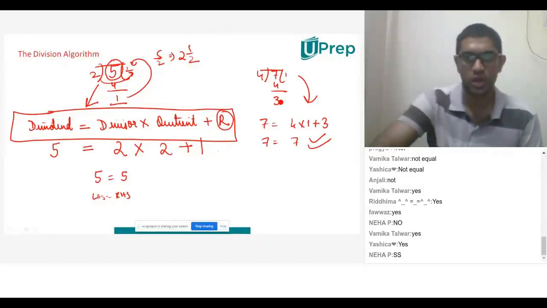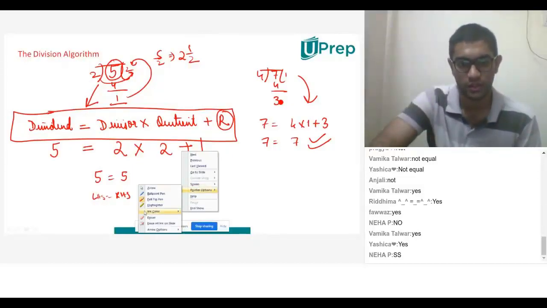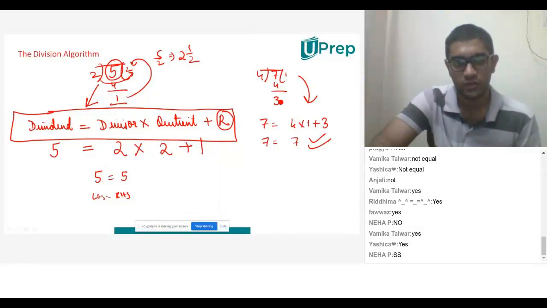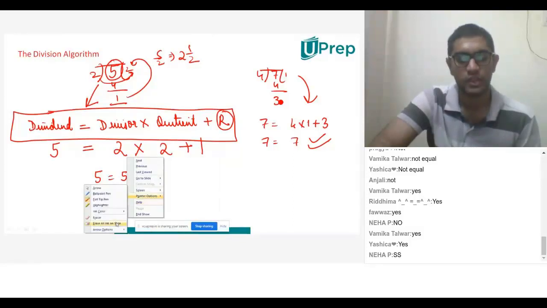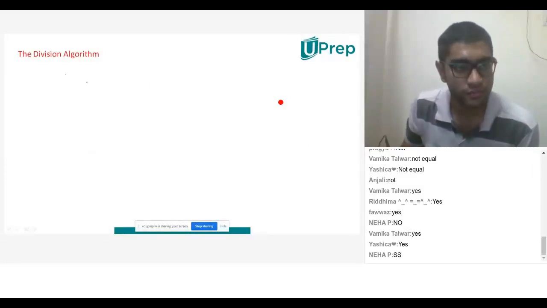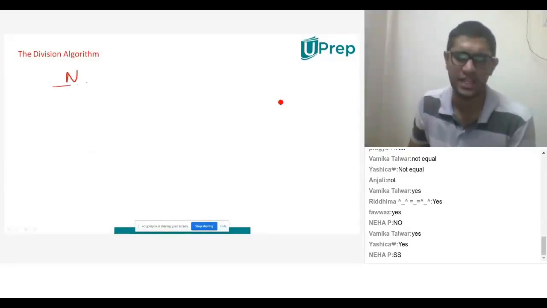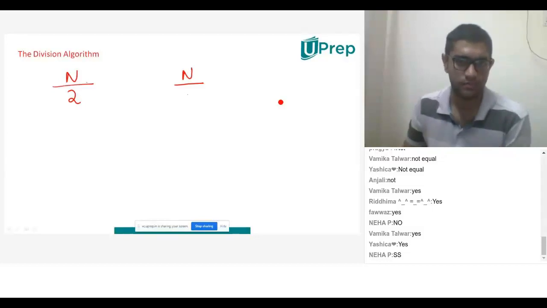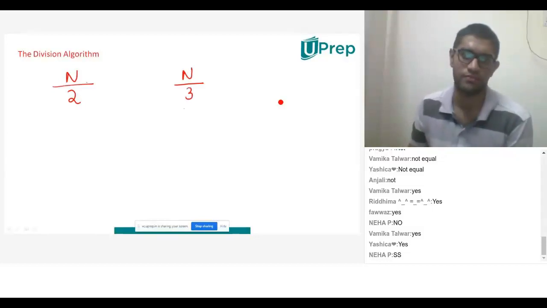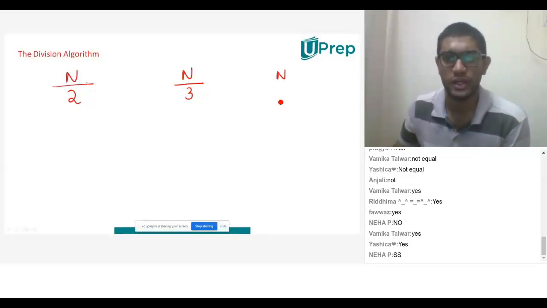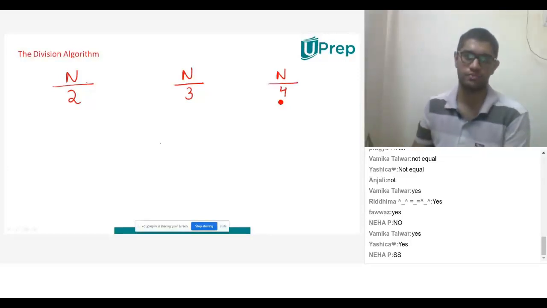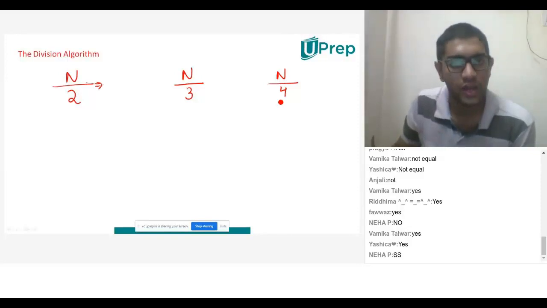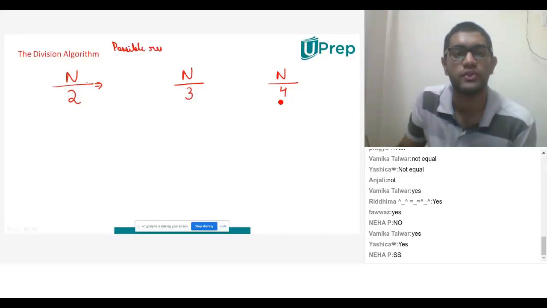Now guys, now comes the interesting part. If I ask you a question, I have a random number n, any number, and I divide it by 2. I have a random number n and I divide it by 3. And I have a random number n and I divide it by 4. I want you guys to tell me what are the possible remainders.